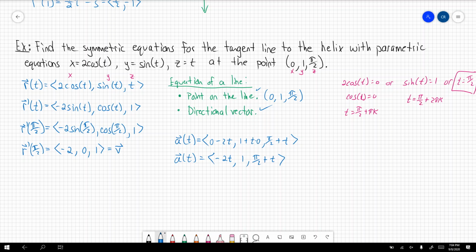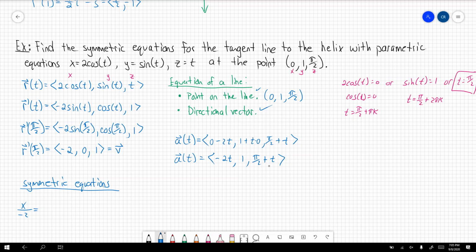Okay, now if we want the symmetric equations, then we have to solve for t. So let's go ahead and answer this finally. The symmetric equations. Solve the first one for t, so that's going to be x minus 0 divided by negative 2. Now for the y component, there is no t, so we're going to leave that blank.